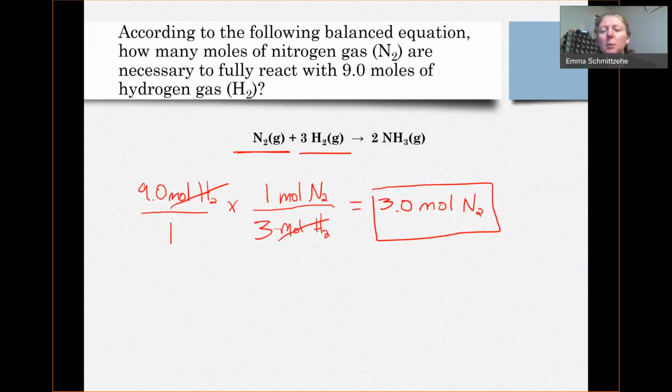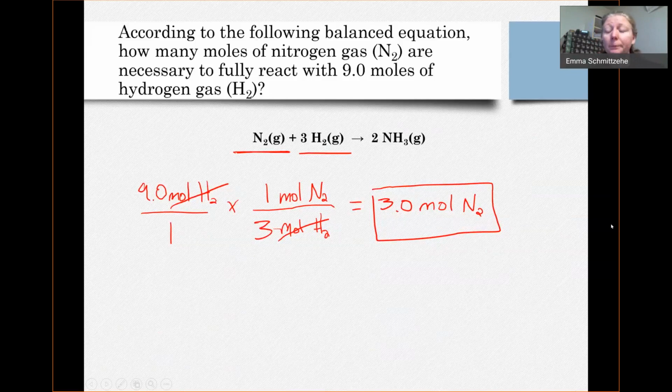It makes sense, but most of the time the numbers we're working with, the moles don't come out to this pretty whole number that just happens to factor properly into the stoichiometry. And so you've got to get used to this process. So that's our answer, 3.0 moles of nitrogen gas.